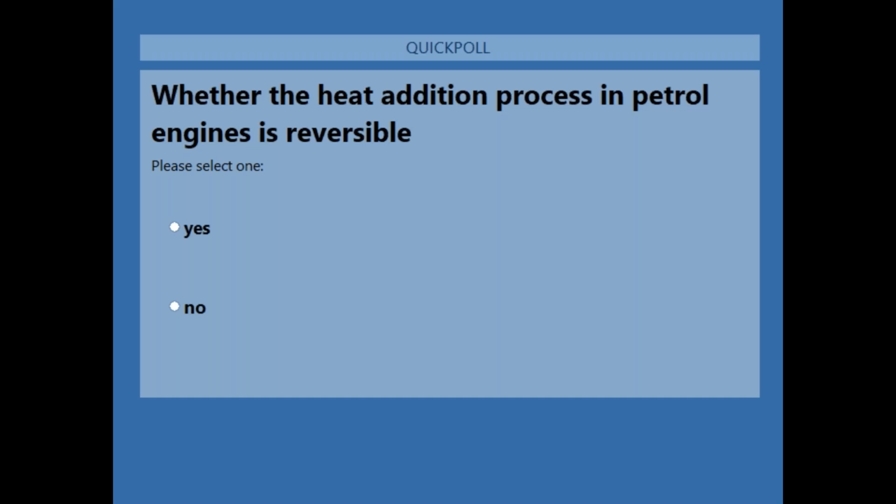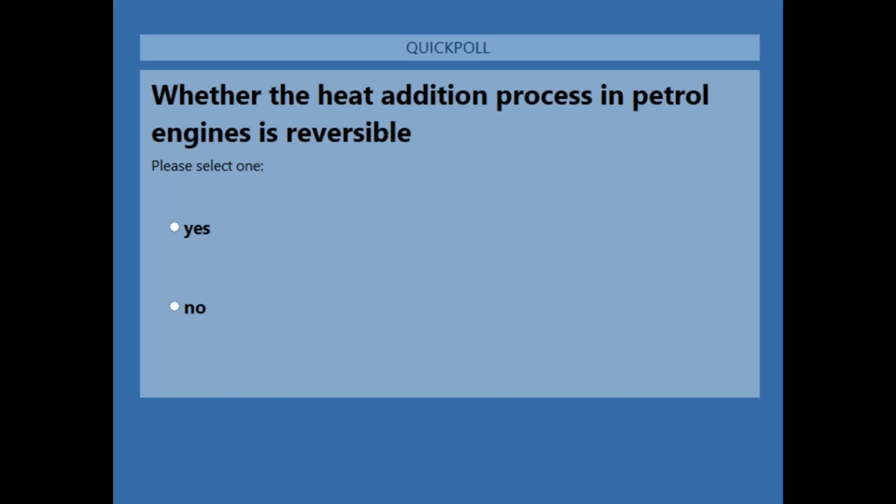You have all seen a petrol engine, and you are aware of what a petrol engine is. So I am taking a very practical example where I want you to appreciate the concept of reversibility by this concrete example.